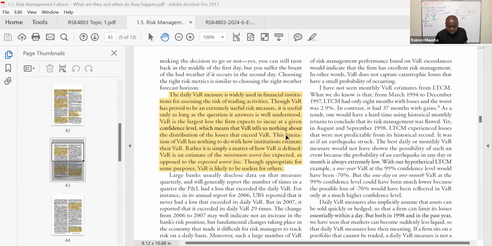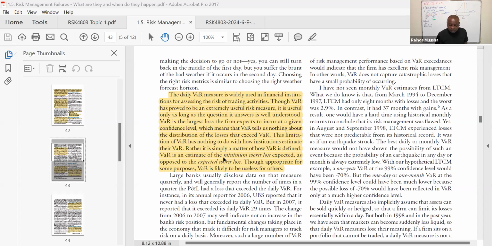So here they say this limitation of value at risk has nothing to do with how institutions estimate their value at risk. Rather, it is simply a matter of how the value at risk is defined. Value at risk is the estimate of the minimum worst loss expected as opposed to the expected worst loss.